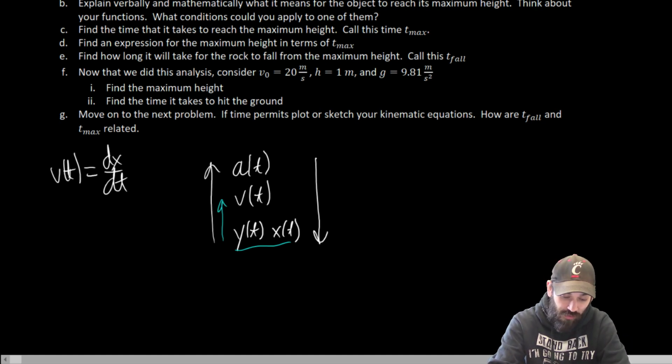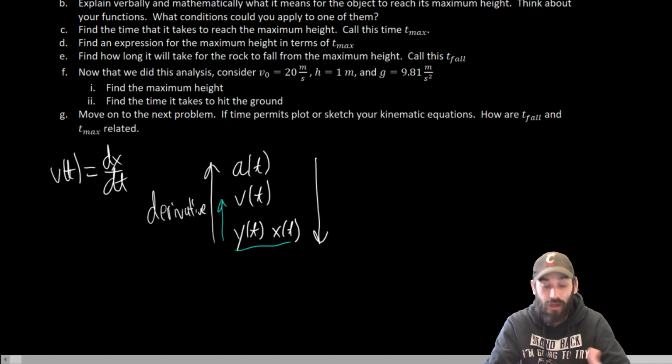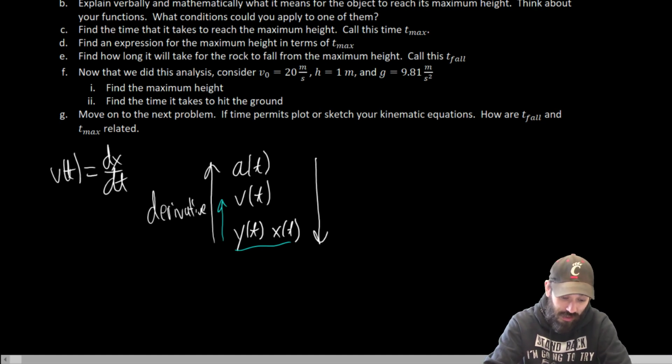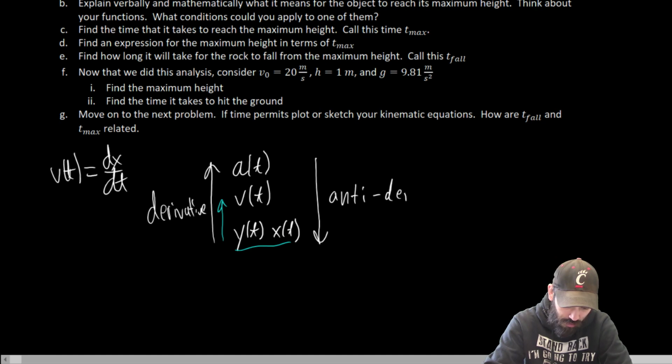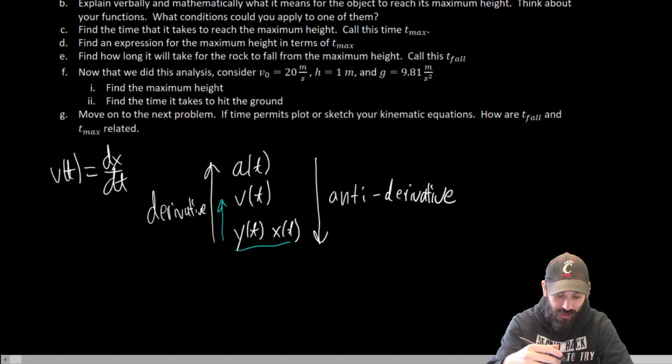So what that's to say is if I want to go up from the position up to the velocity and the acceleration, then this is going to be taking a derivative. Now, if I want to go the opposite way, that's going to be just the antiderivative. So if we want to go from acceleration to velocity or from velocity to position, we do the antiderivative.